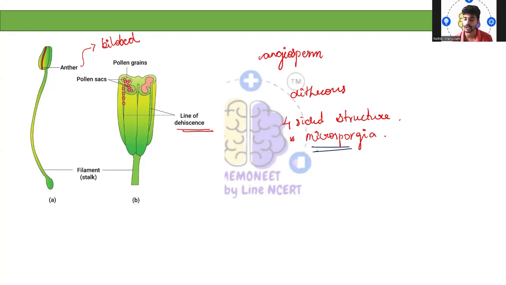In this microsporangia, what you're going to see is that the microsporangia will further develop to become the pollen sac. Okay, this is very important. These microsporangia will further develop to become what? Pollen sac.